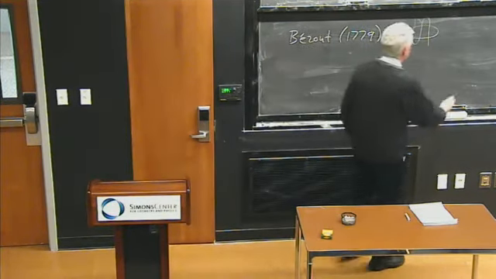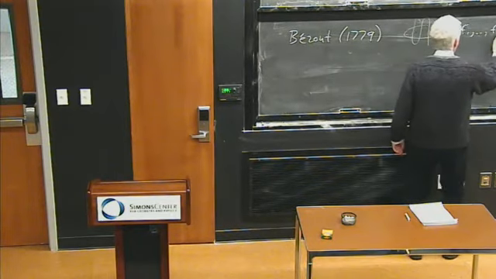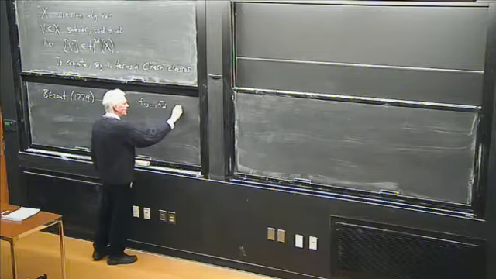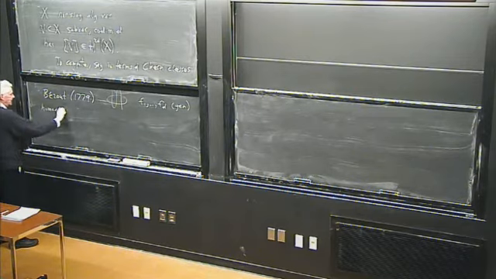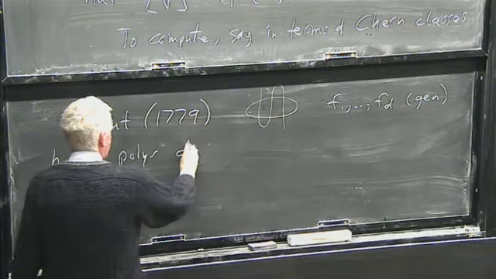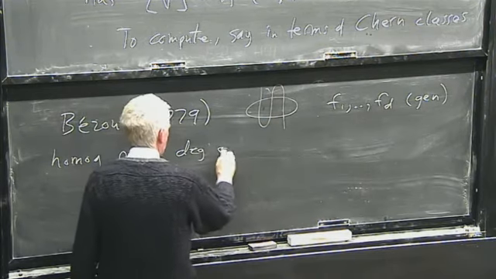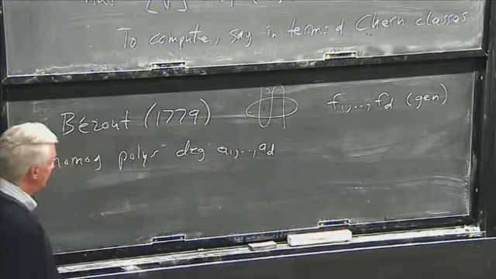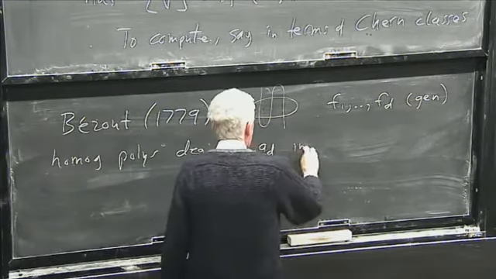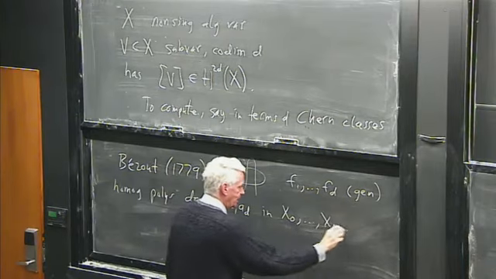What he said is if you have F1, say, up to FD, at least general, and I'm going to be pretty vague about what general means, but general homogeneous polynomials of degrees, let's call them a1 up to aD, in some variables x0 up to xN.